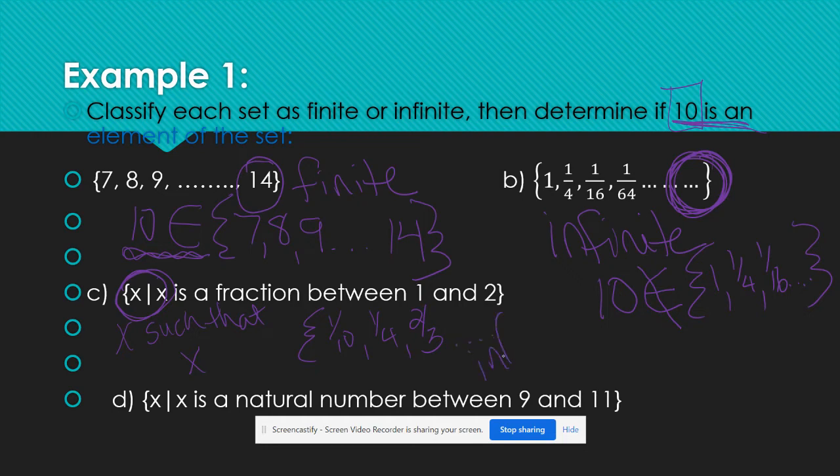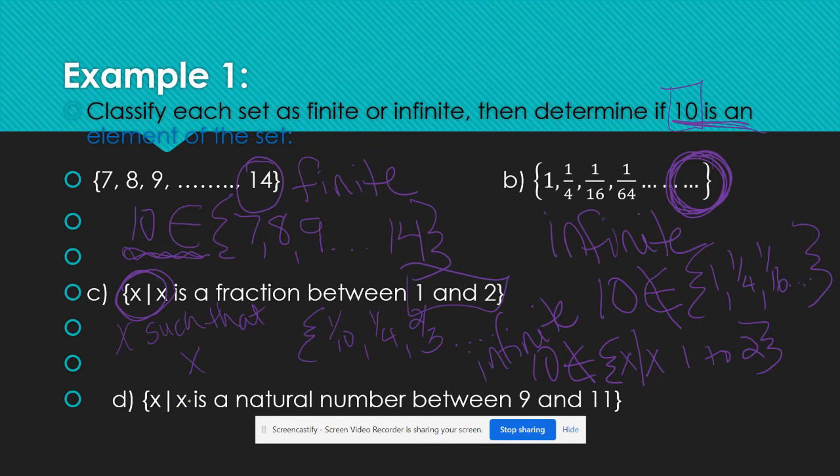So this is going to be an infinite set. And because we're between the values of 1 and 2, 10 is not going to be an element of that. And I'm just going to shorthand it for right now for space's sake.